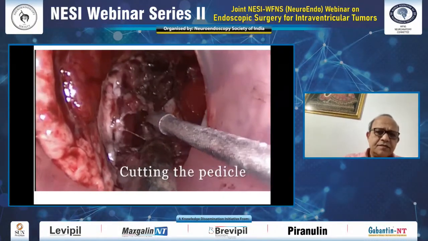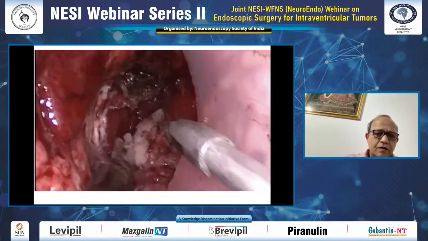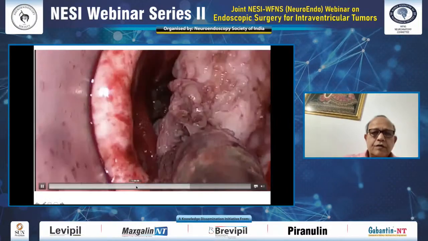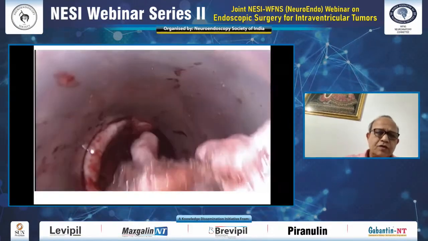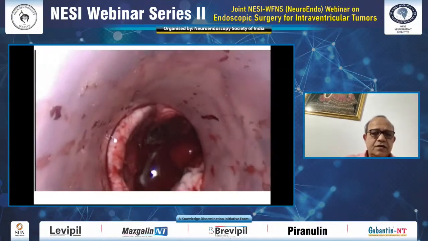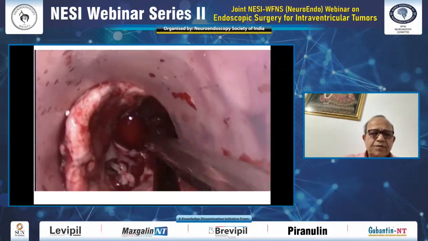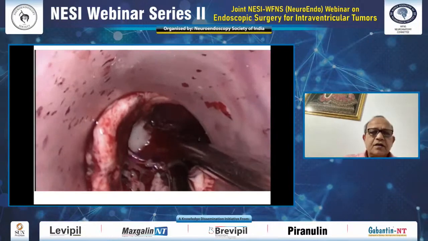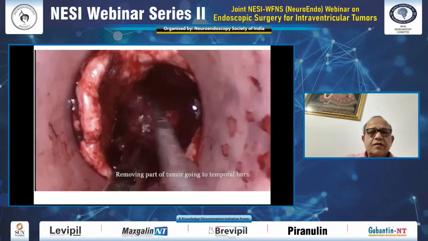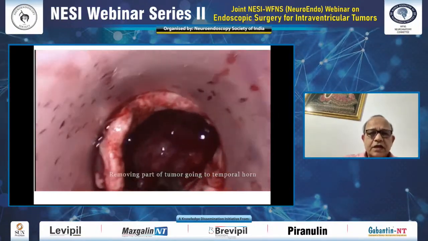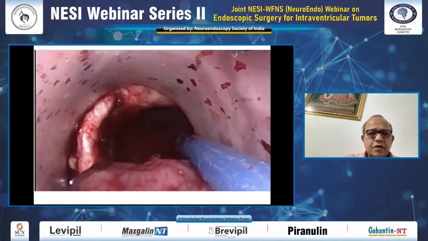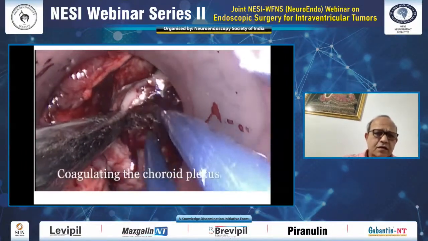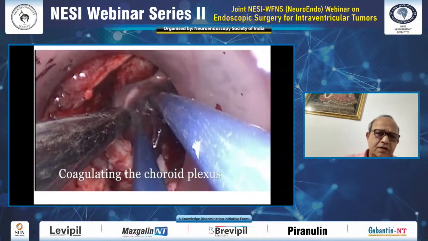Bimanual dissection. And the tumor is removed piecemeal, and the last piece of tumor is removed, and in the end, good hemostasis.